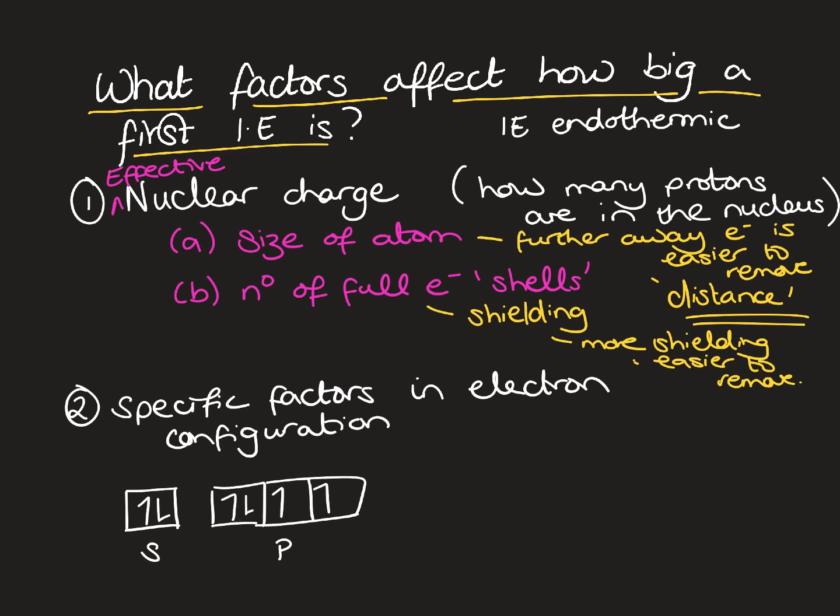If we look at this case in particular, I haven't told you what period this belongs to, or what principal energy level, but here we have an electron configuration with 2 electrons in the s orbital and 4 electrons in the p orbitals, so we've got 2 that are together and 2 that are singly occupied. As we move out in the electron configuration, that p orbital is going to be slightly further away than the s orbital in the same energy level.